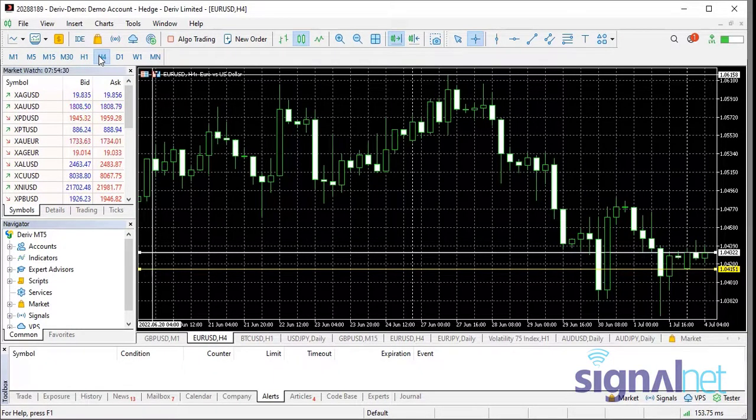So what we see is this: there are different time frames. You can look at a chart on daily time frame, on 4 hours, or on 1 hour.